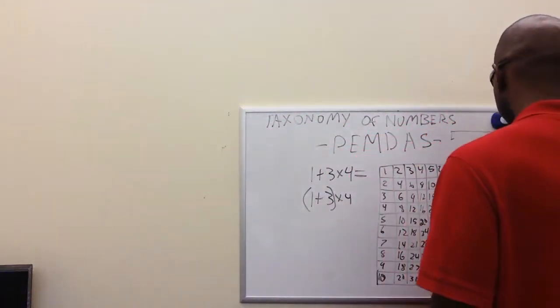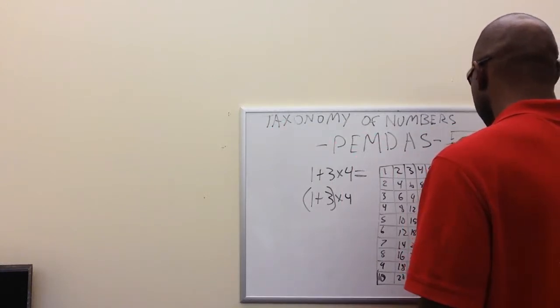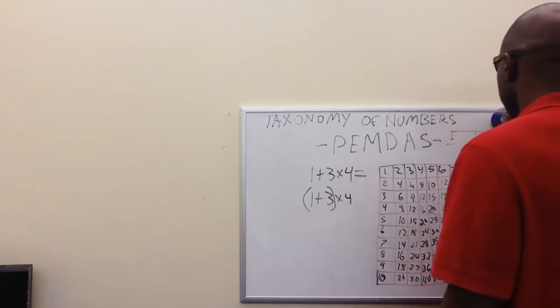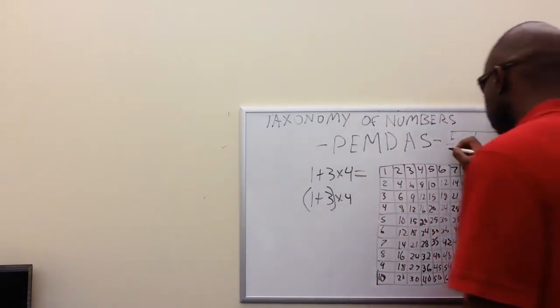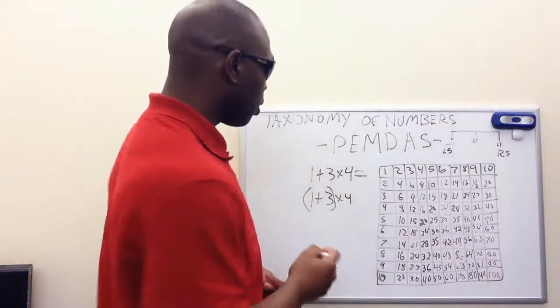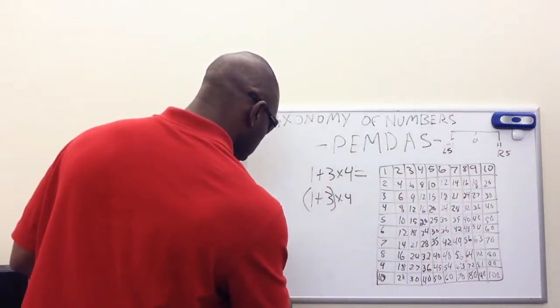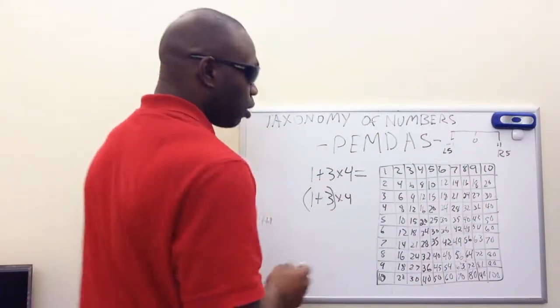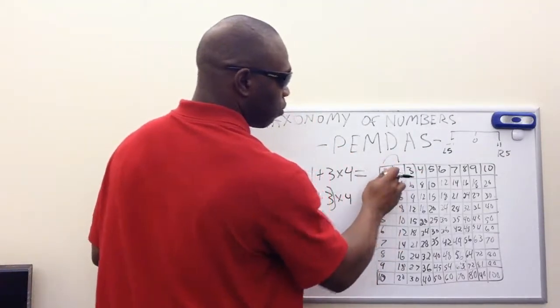On the number line, I'll make a very small one here. We say this is the right side and this is the left side. So if I say 1 plus 1, then I'm saying 1 plus 1 equals 2.